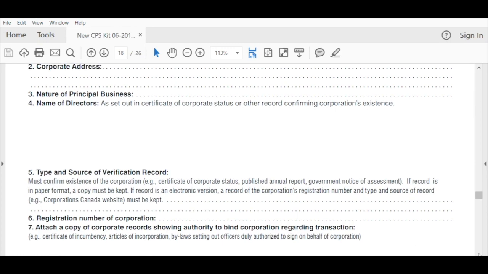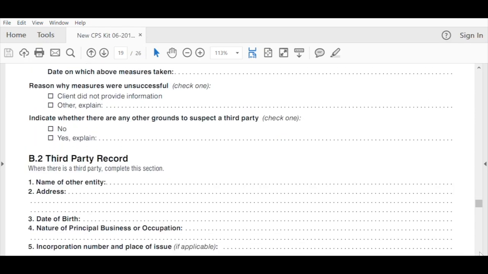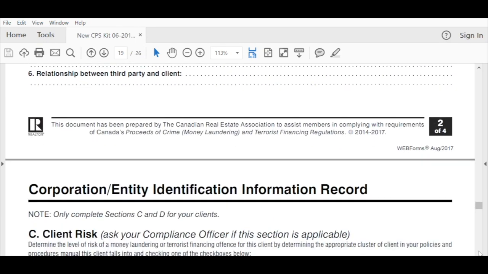Could be articles of incorporation, bylaws setting out officers duly authorized to sign on behalf of the corporation. So once it's done, you have pretty well finished your whole kit.